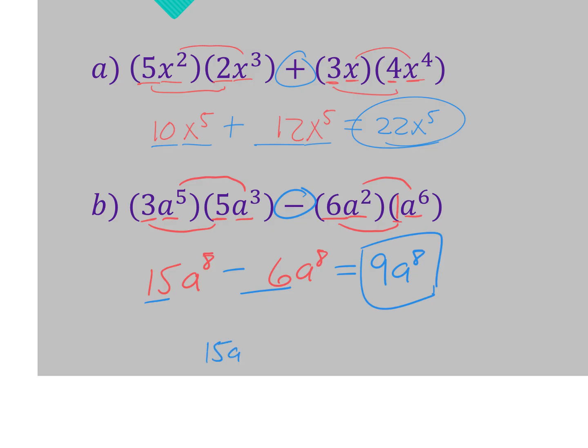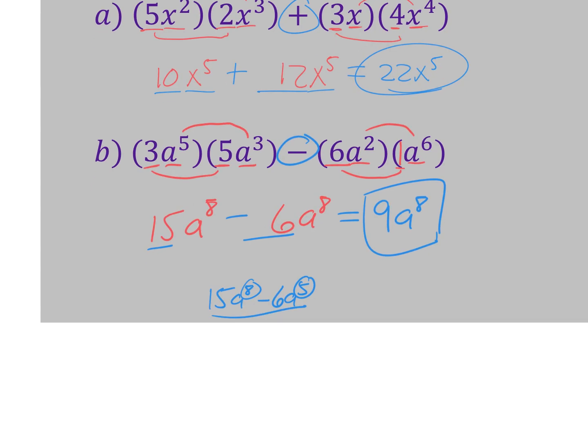Let's say this was 15a to the 8th minus 6a to the 5th. These exponents are different, so it's just going to stay like this. Another thing that we cannot combine is 15a to the 8th minus 6b to the 8th, because even though those exponents do match, the a's and the b's do not. So this is something that I would also leave alone. So same exact variable, same exact exponent.